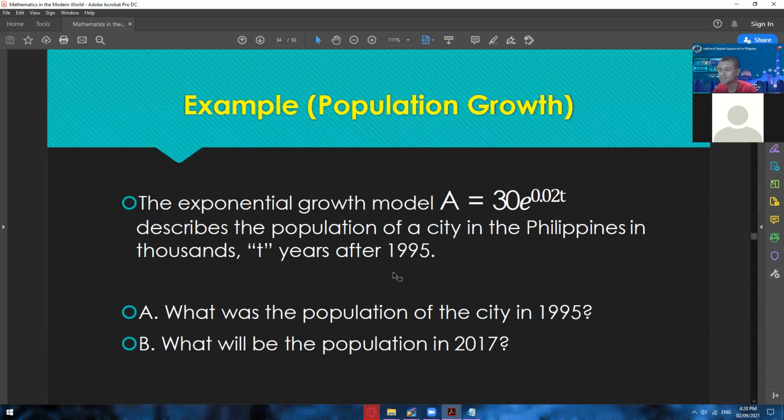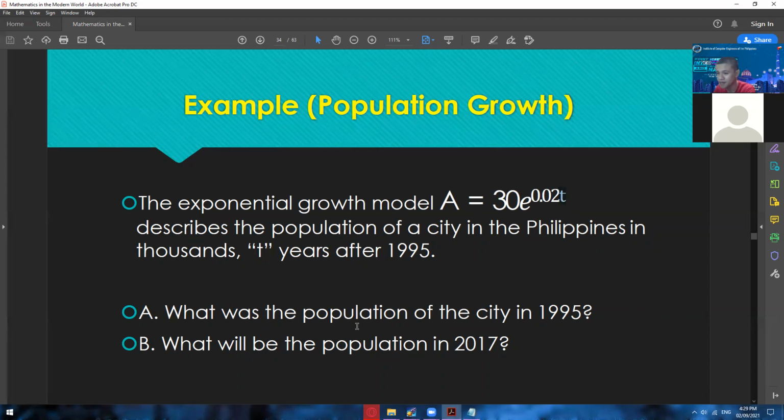Still 30,000. Yeah, very good. Since we assume that the current year is 1995, and it's asking what is the population at year 1995, if you substitute this one, 30,000 times 2.718 raised to 0.02 times t, this t will become 0. Okay, and then 0 times 0.02 is 0, and e raised to 0 is 1. So 30 times 1 is 30, or 30,000.